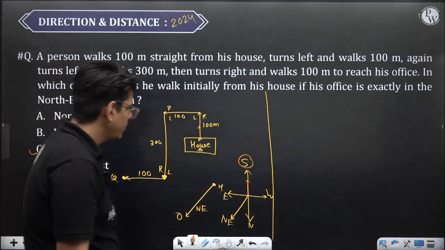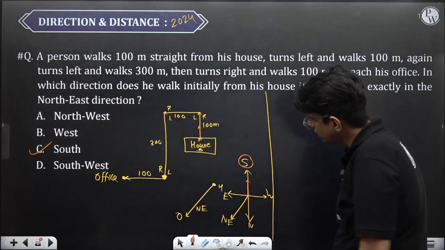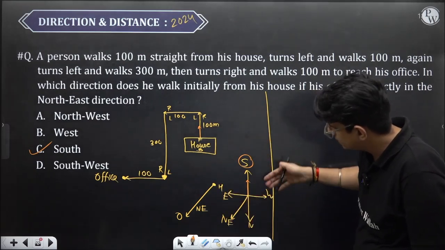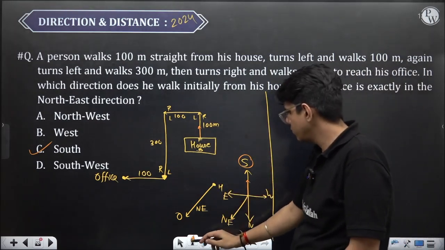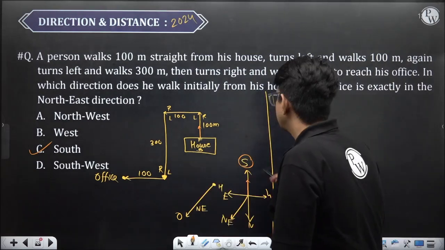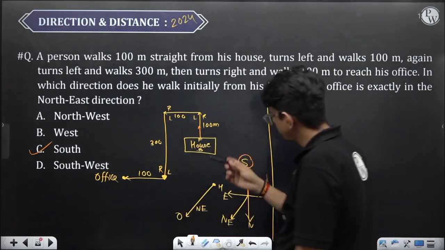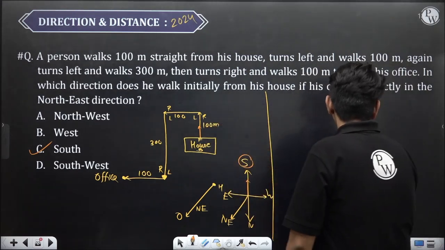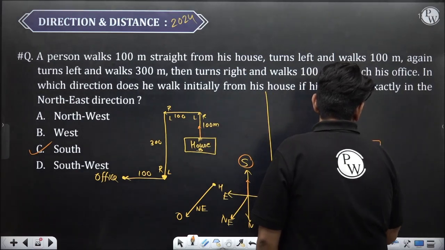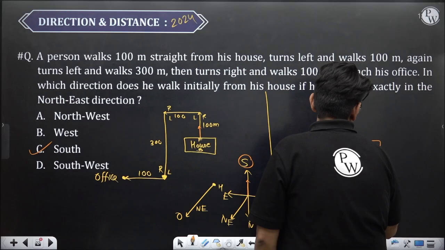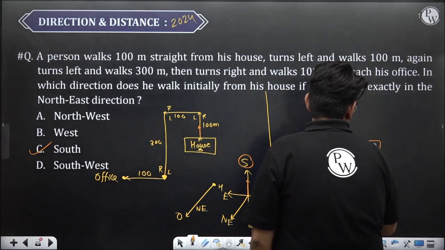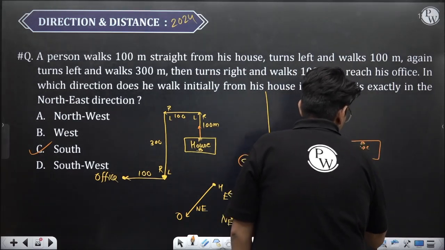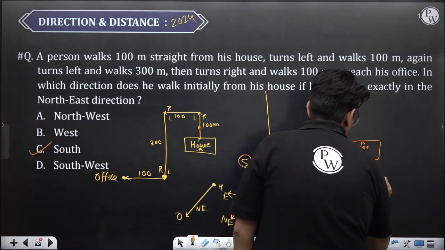See, but some of you will get confused how I made this diagram like this. This is nothing but, let's assume, right? I assume at the start that this is his front, right? House front. Now what to do? Let the house be this, and this is his front, this is his back side, okay? So he goes 100 initially, right?